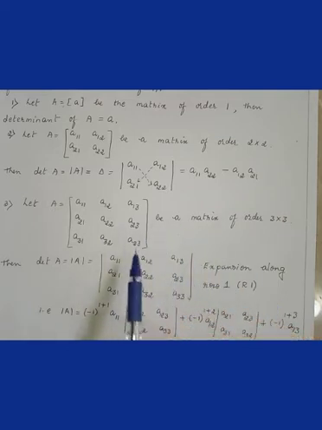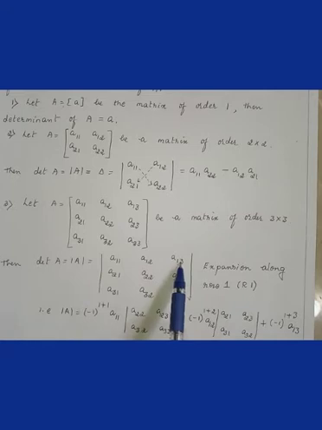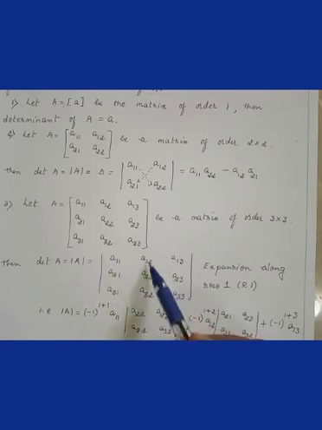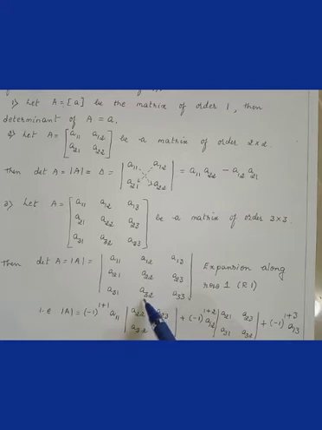That means expanding along the first row, expanding along the second row, or expanding along the third row, or expanding along the first column, the second column, or the third column.